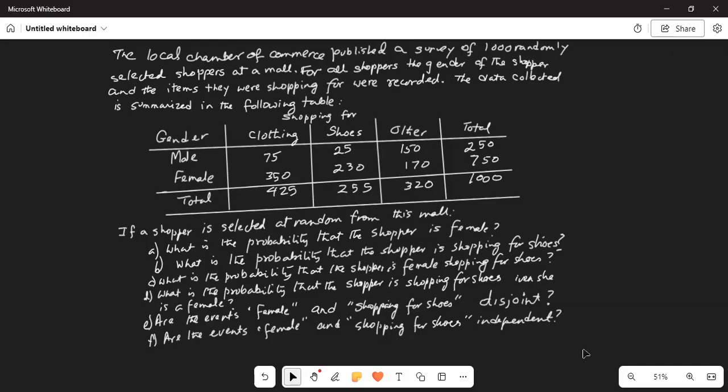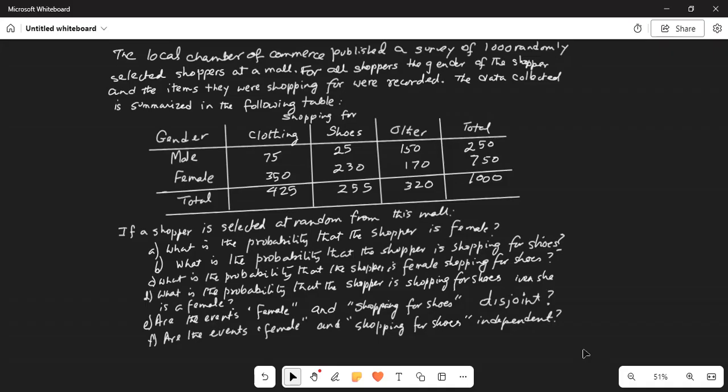Gender is in the first column, the second column is clothing, shoes is in the third column, other items that people shopped for is in the fourth column, and then the total in the last column. Similarly, the first row is all the male shoppers, and the second row is all the female shoppers.